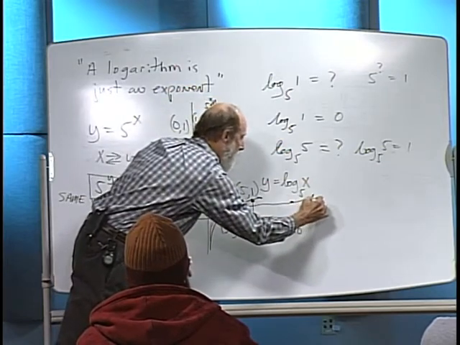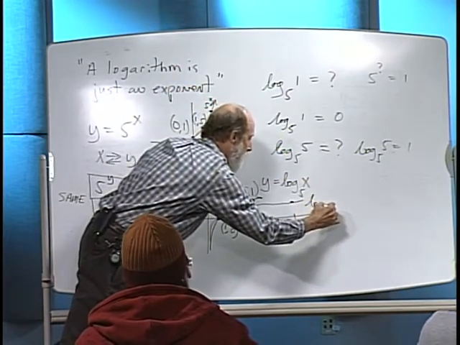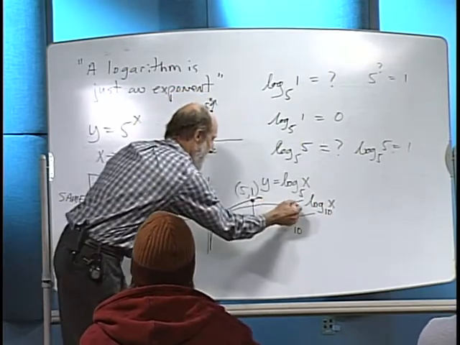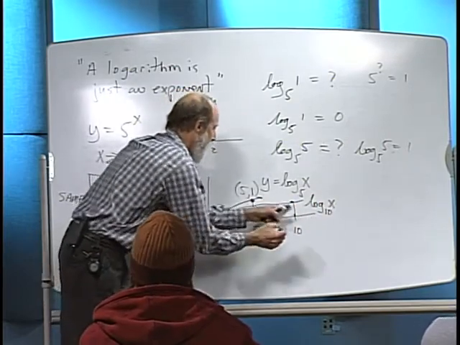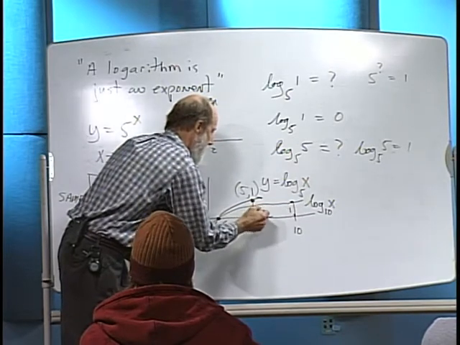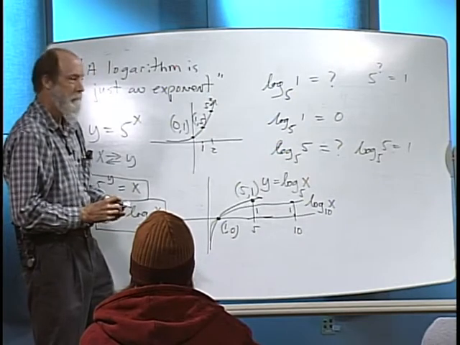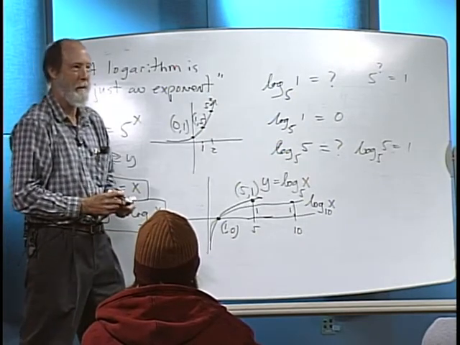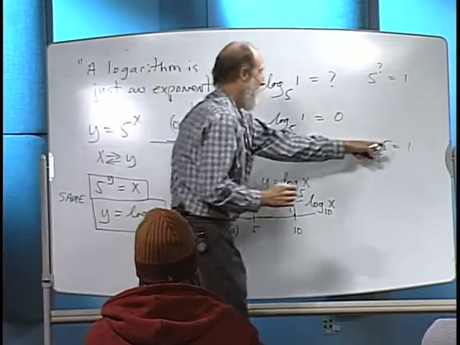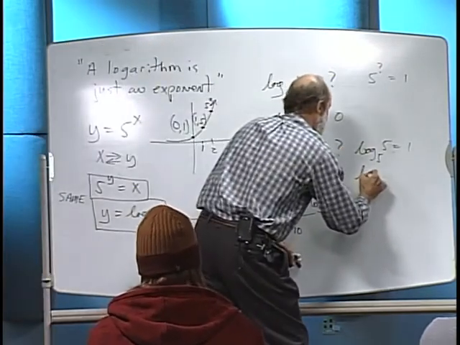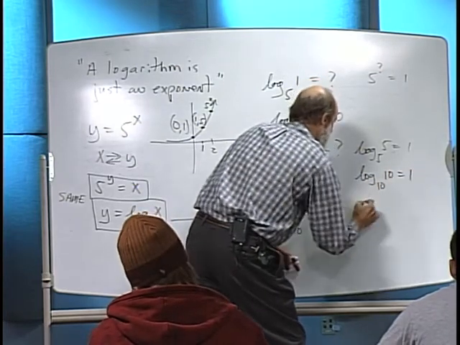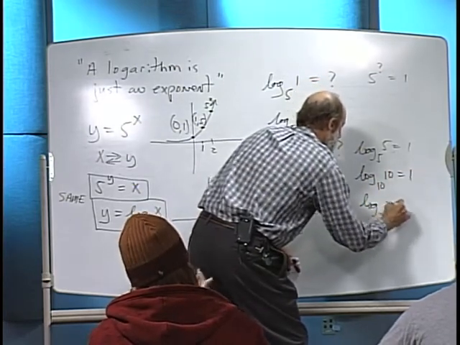This would be a log base 10 of x graph right there, and that would be up at 1. So again, it'd be out here at 10, I'd be up at a value of 1. Okay. If you can keep those things in your head, these things will always be 1. What I mentioned in words a moment ago is log base 10 of 10 is 1. Log base 2 of 2 is 1.